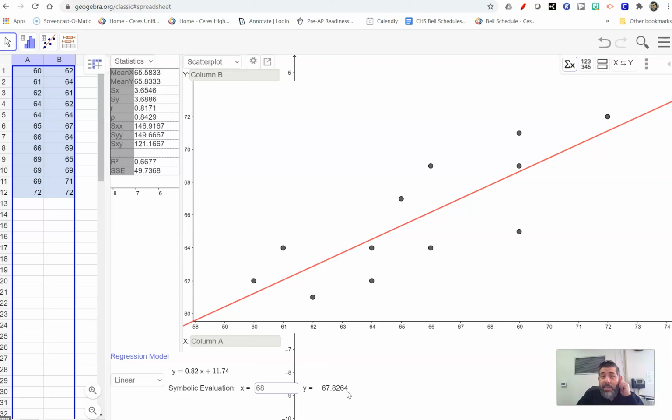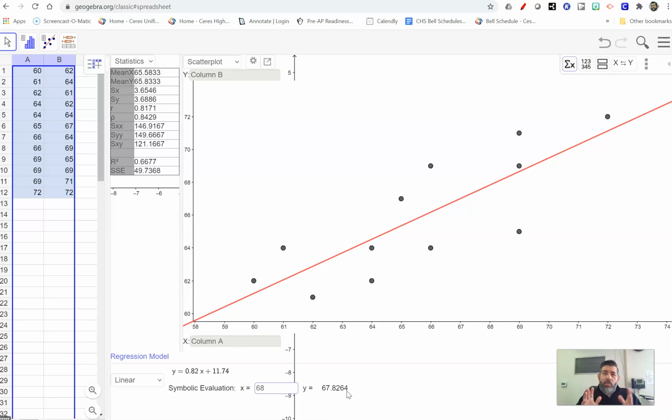I just subtracted what he told me his actual was minus my predicted. So that is called a residual. The difference between what actually happened and the value that I predicted is called the residual. In this case, it's a positive residual because his actual wingspan was more than what I had predicted. If it was a negative residual, then his actual wingspan would have been less than what I had predicted, meaning I overestimated it.